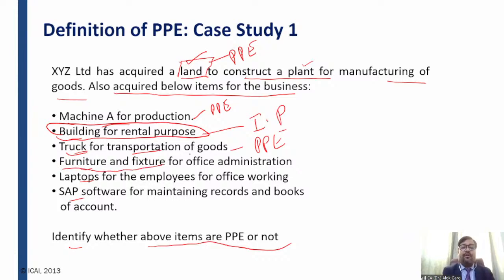Furniture and fixtures for office administration, is it a tangible item? Yes. Life is 1 year or more, answer is, let's say, yes. Held for administrative purposes, is it PPE? Yes, it is PPE. Laptop for the employees for office working, of course these are for administrative purposes, these are for the services, right?